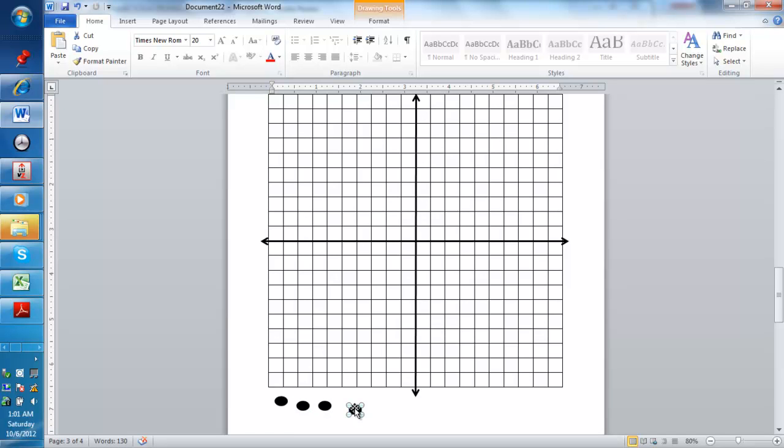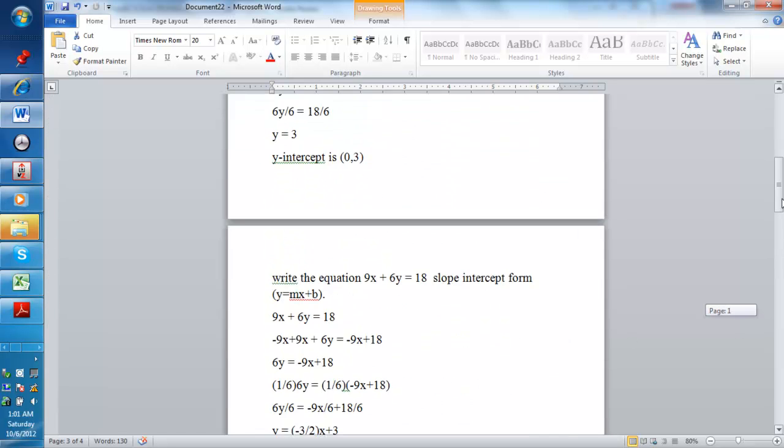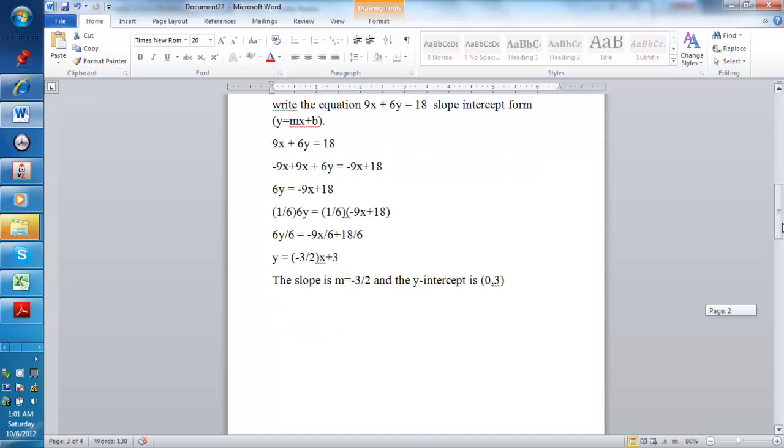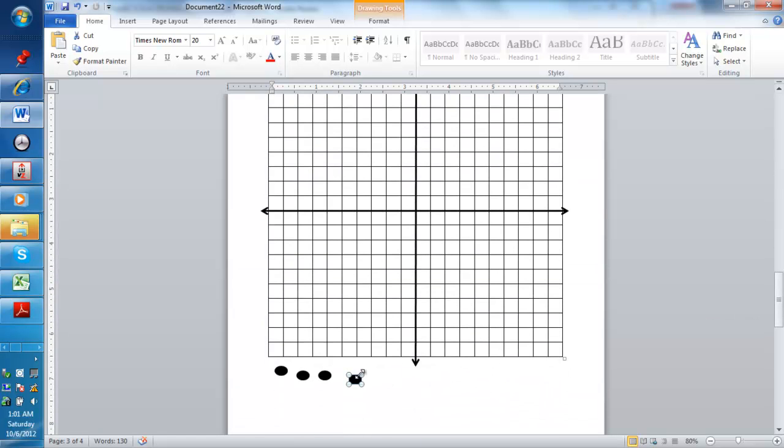Before, we found the x-intercept and the y-intercept. If you recall, the x-intercept was (2, 0), so I'll put that point there. The y-intercept was (0, 3).